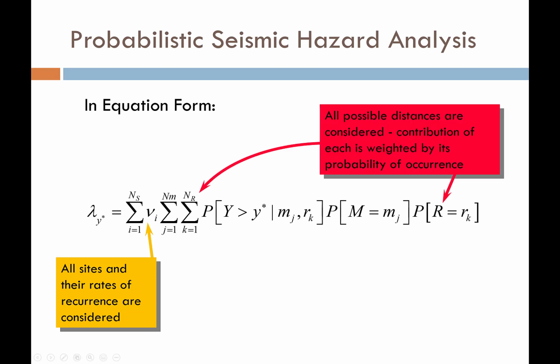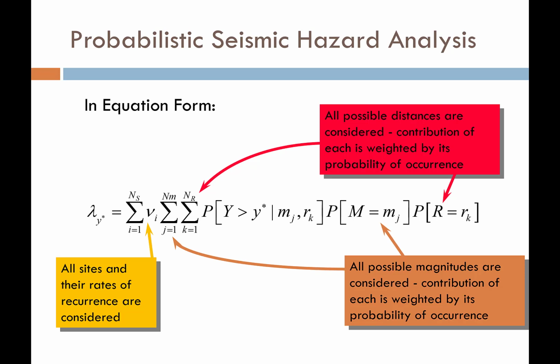We are also going to account for all of the possible source-to-site distances. That's what this R stands for. That's source-to-site distance. So we're going to iterate through all the possible locations on those seismic sources where earthquakes or the fault might rupture, and then we're going to compute the corresponding distance from that rupture to our site and account for the probabilities then of those different distances from our site.